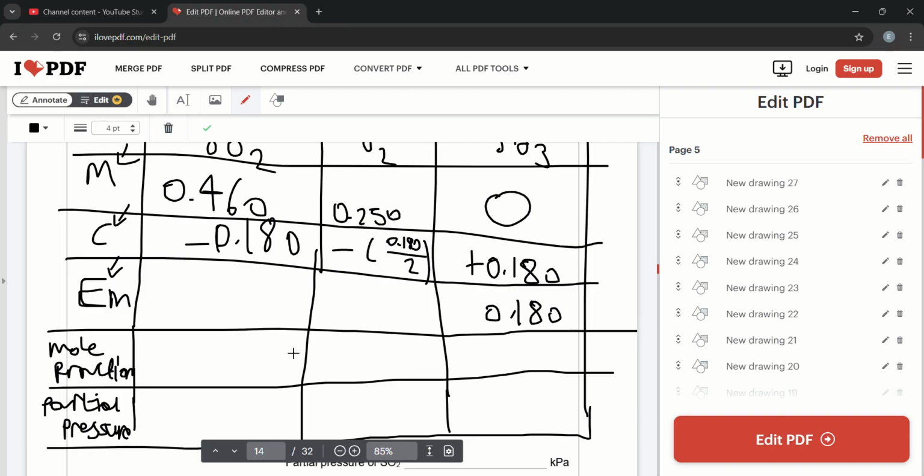So let's do that. 0.460 minus 0.180 is 0.28. 0.250 minus 0.180 over 2 is 0.16.